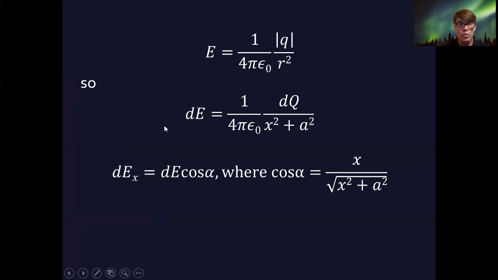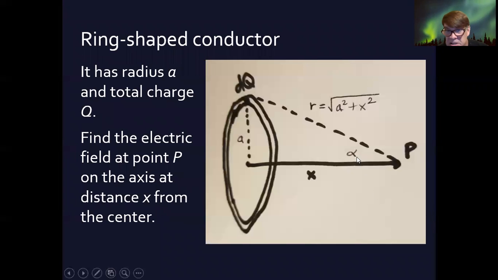Now, dE_x, that is the infinitesimal x component of the electric field coming out from each piece of that ring, is going to be dE times the cosine of alpha. What is the cosine of alpha? What is alpha? Well, alpha is this little angle right here. And so the cosine is the adjacent, x, over the hypotenuse, the square root of a squared plus x squared.